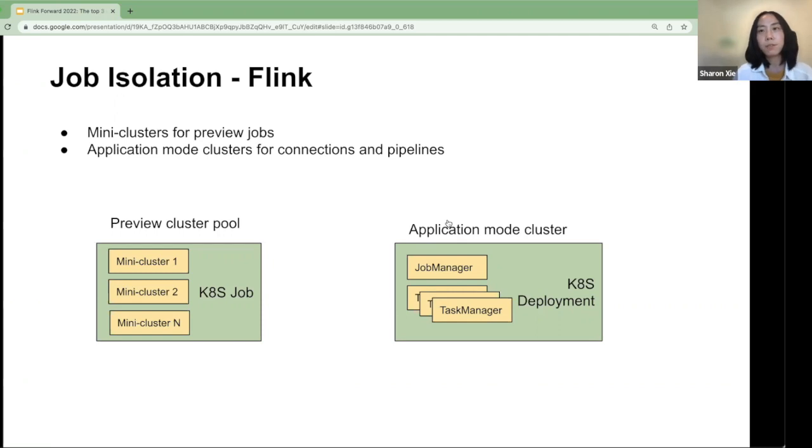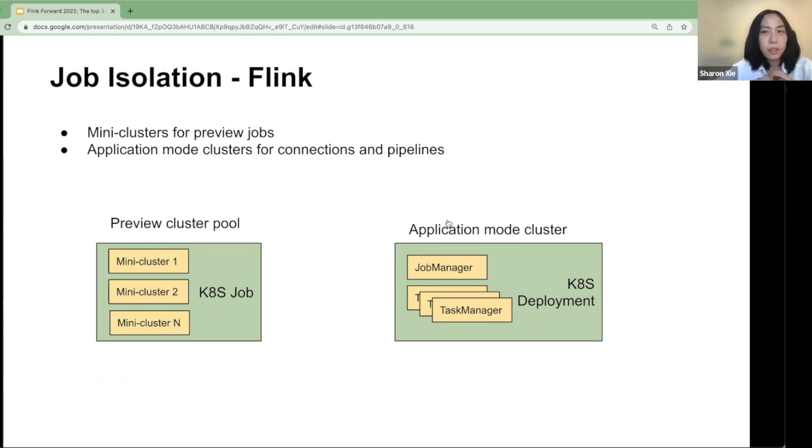Preview is a feature where a user can see a sample output of SQL statements with their data in the stream. So it mimics the traditional database management system experience. The user can quickly write SQL, see the results, make changes and see the results. It turns out to be super useful.